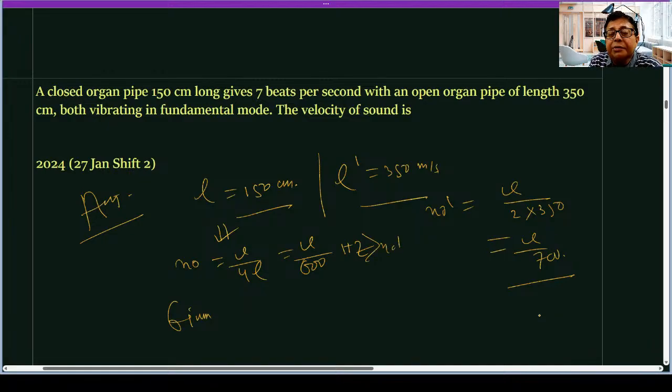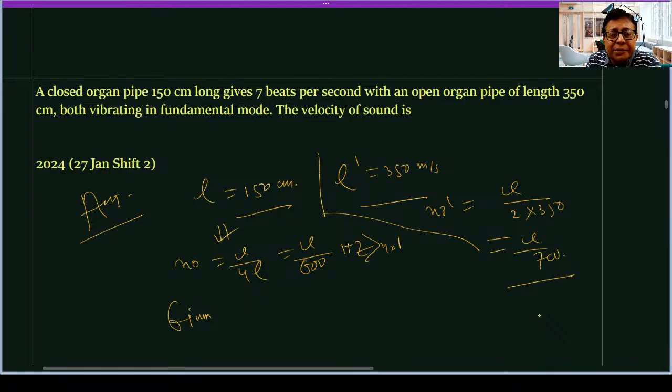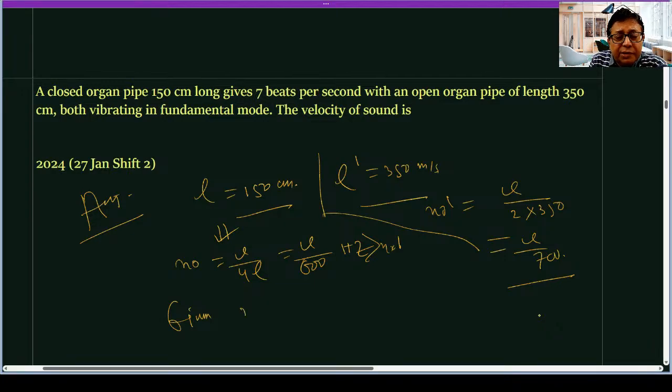Now this one is larger, N0 greater than N0 dash. Now what is given over there? N0 minus N0 dash. This is beat frequency, or just change in frequency, difference in frequency.